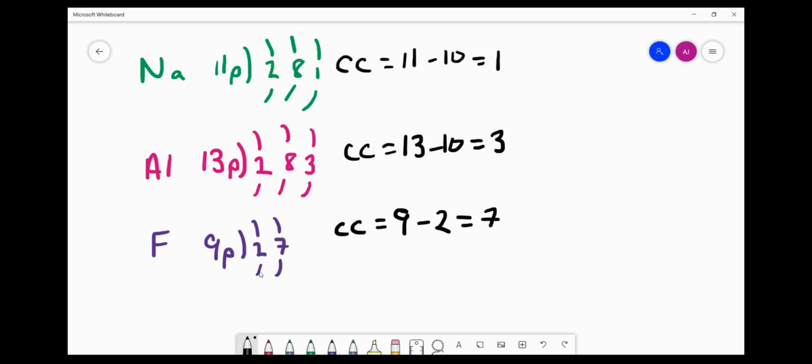And then if we compare the shielding effect, we see that there's more shielding between sodium and aluminum. And so fluorine here is the one that differs in terms of shielding. So we could say that fluorine has a lower force of repulsion than the other. So I'll just highlight the difference. So we want to find the element with the lowest electron affinity.